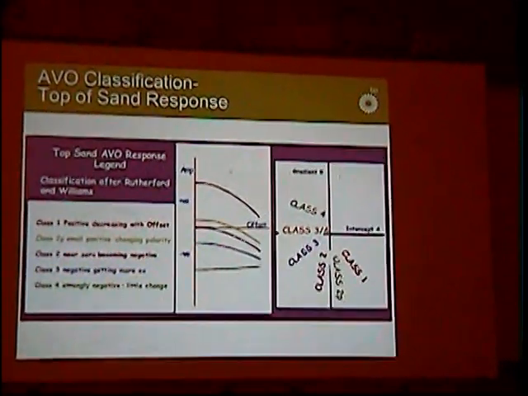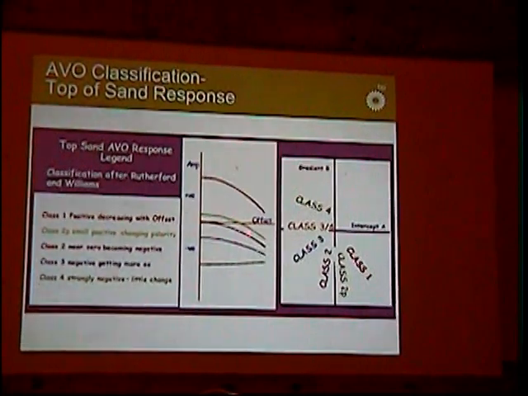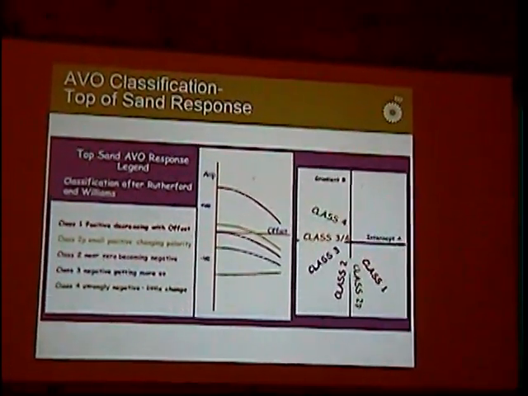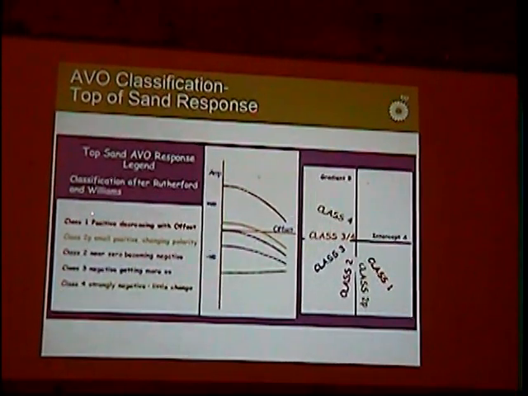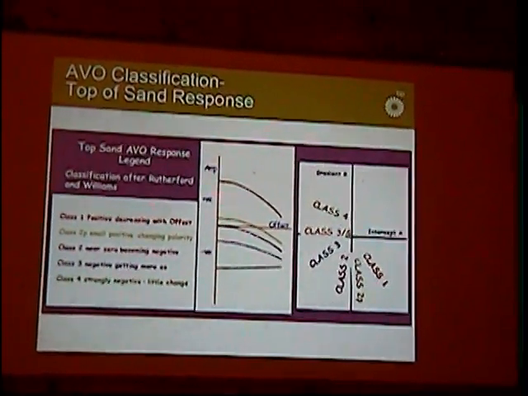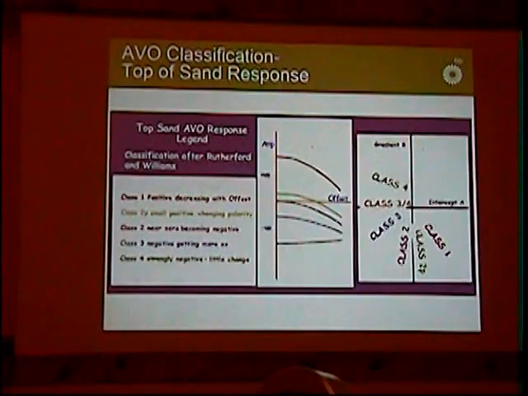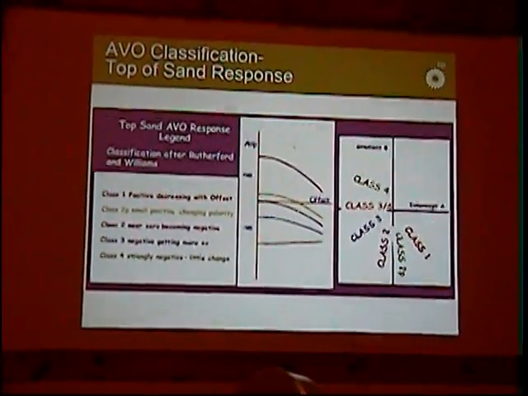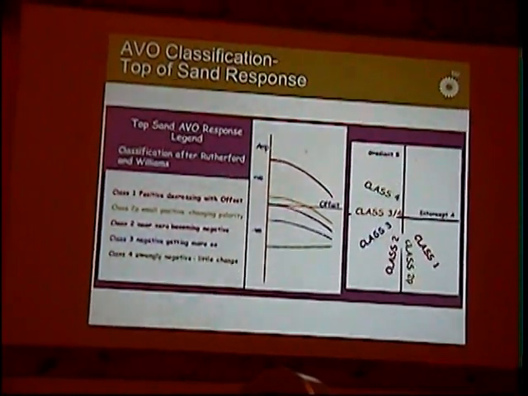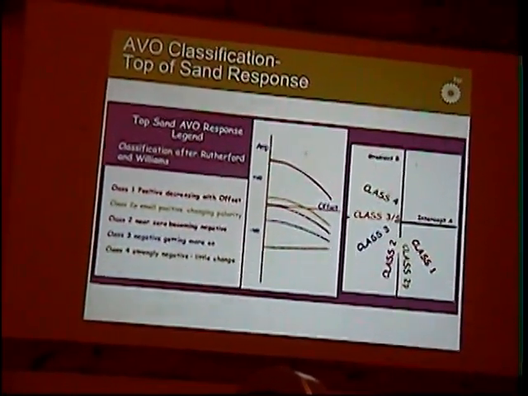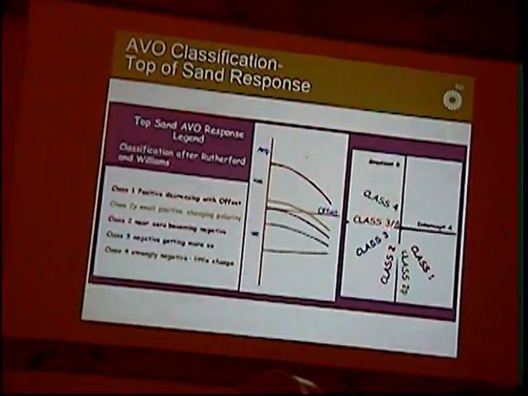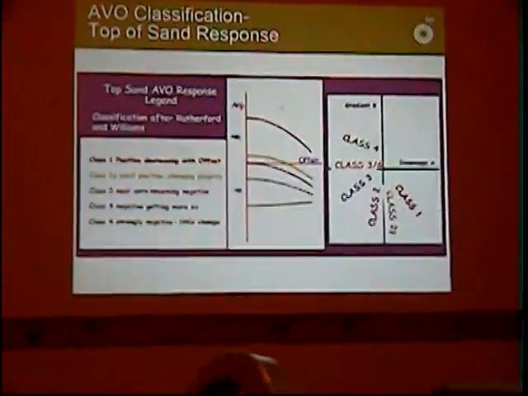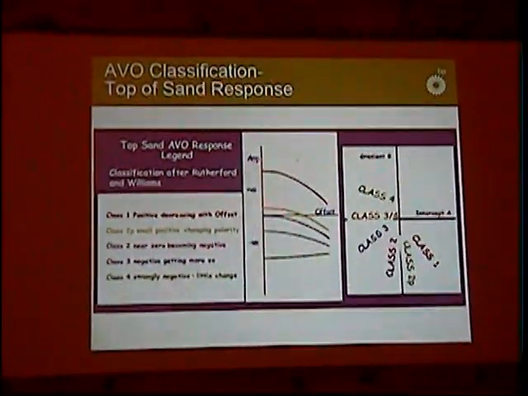Okay, this is basically the same thing. All I did here was, so this is the Rutherford and Williams classification of AVO top sand response. And what I did, I color-coded it so you can see which one is referring to which one. And then I put it in cross-plot space, intercept and gradient. That's all I did here. So if you think about class 3, I have a fairly strong negative intercept, but I also have a strong gradient.